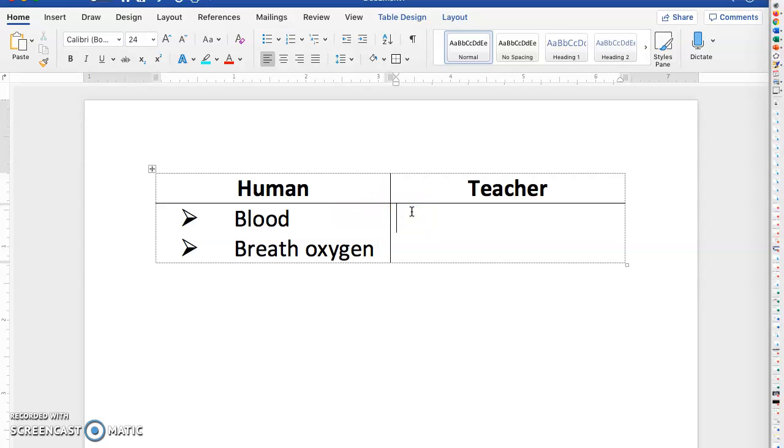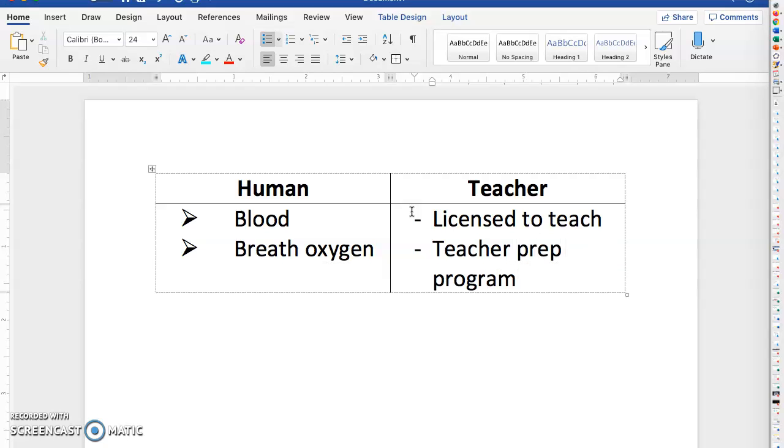Now, properties of teachers: they all have to be licensed to teach. They all had to have gone through a teacher prep program. If we were to draw this, teachers are a type of human, but humans are not a type of teacher.